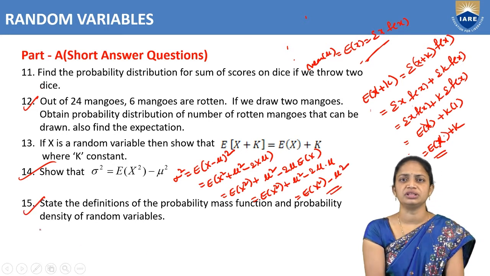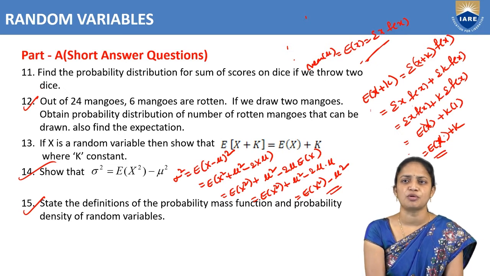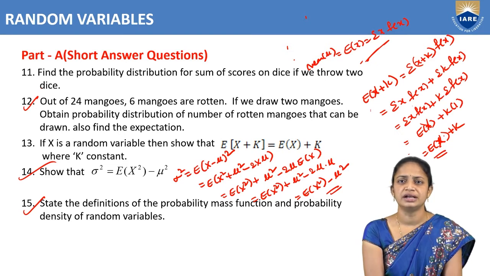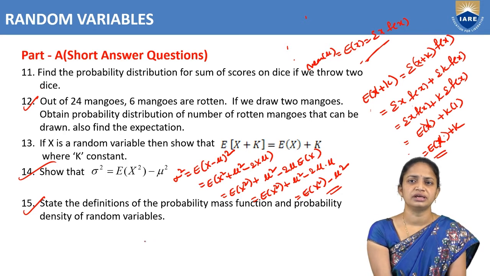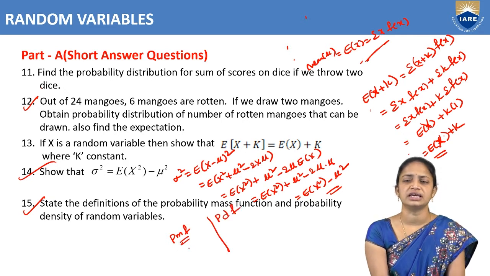Now coming to the 15th question, state the definition of the probability mass function and probability density function of random variables. If x is a discrete random variable, then the function f of x is said to be a probability mass function if it has the following properties.